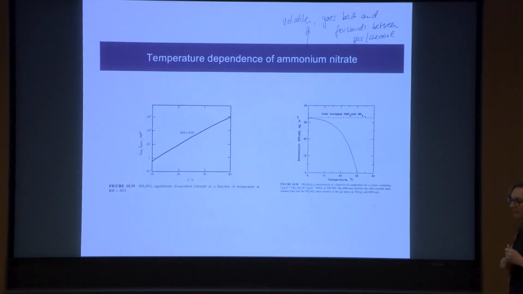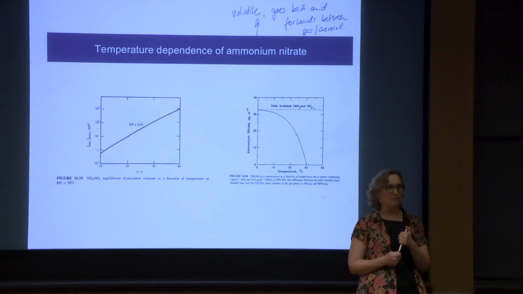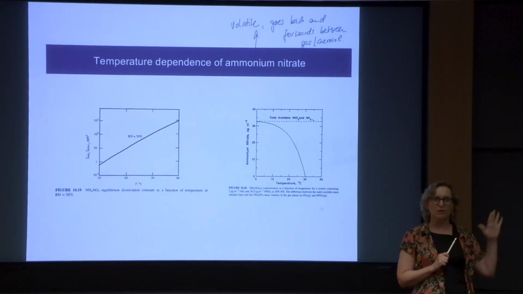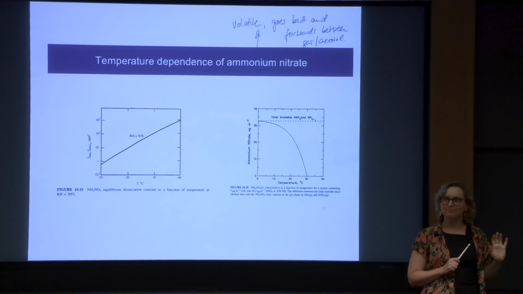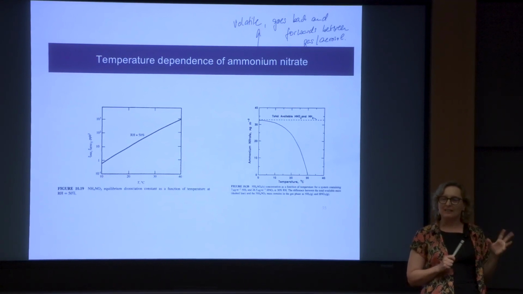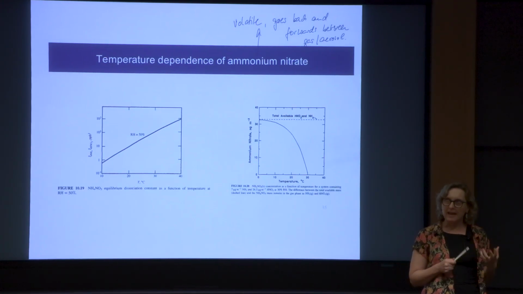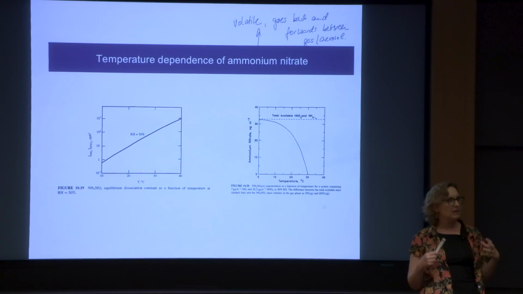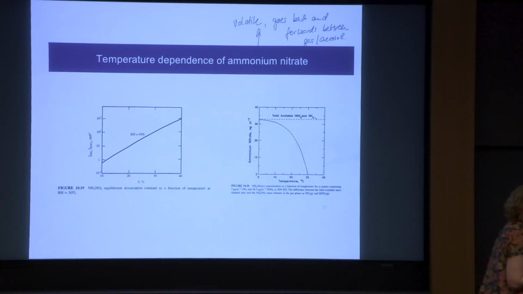Ammonium nitrate is also an important pollutant during the winter time for that reason. And for all of us in the Midwest, we had bad air quality episodes because of ammonium nitrate formation during winter time when it gets cold, and the ammonium nitrate can be in the particle phase rather than in the gas phase.